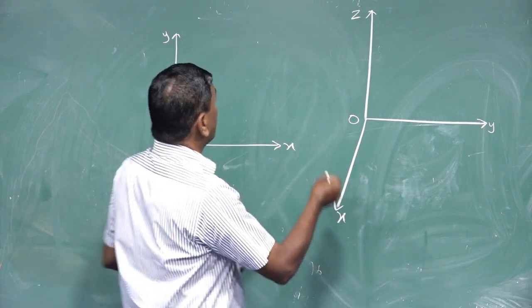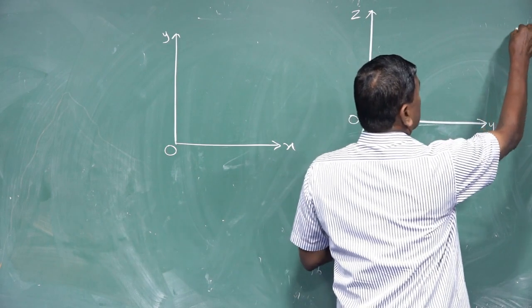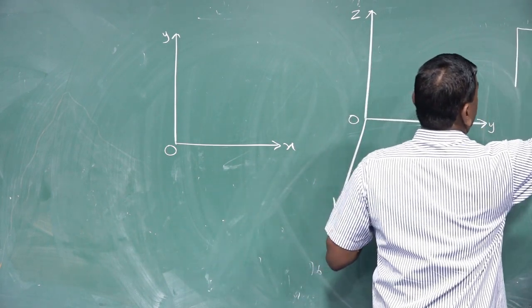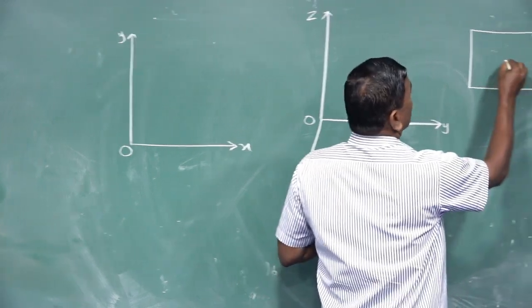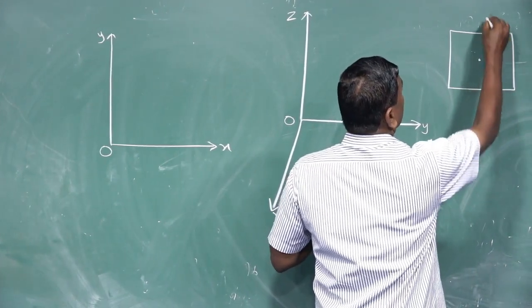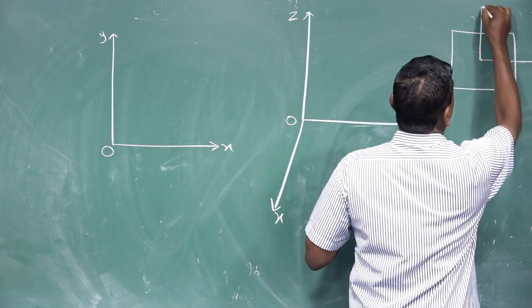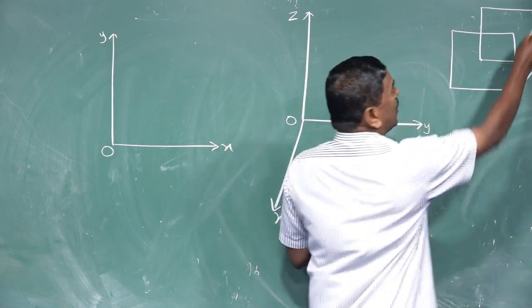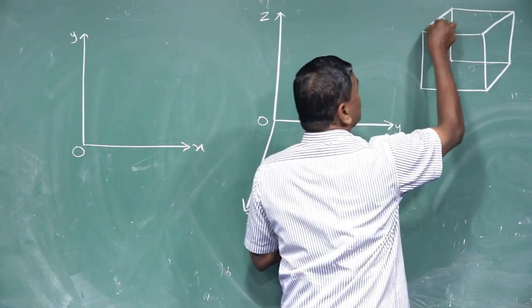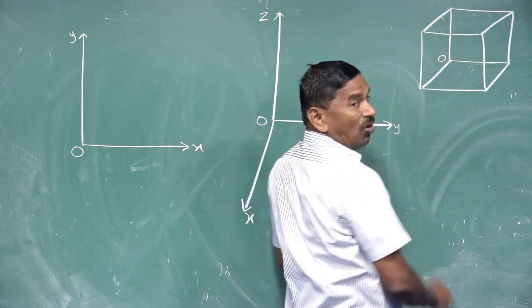For your understanding, first let us draw a cube. Draw a square, and above the square draw one more square of equal size. Now join the edges. Let O be the origin.